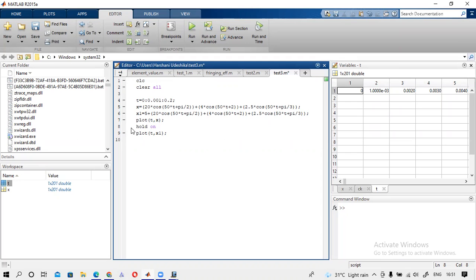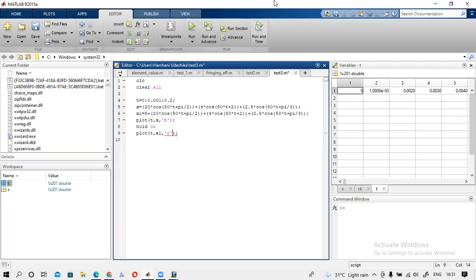So X and X1 will be shown together. Let me use blue for X, and X1, the DC shifted one, I will use red.